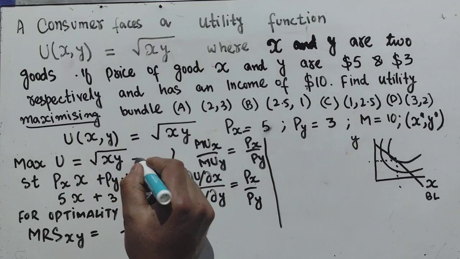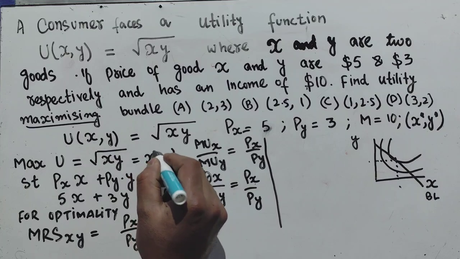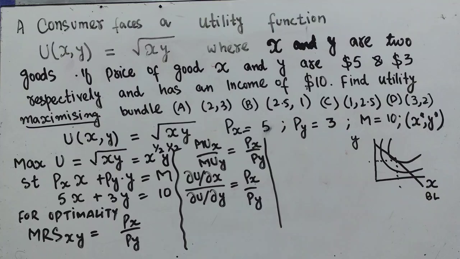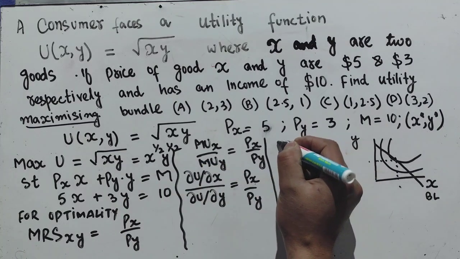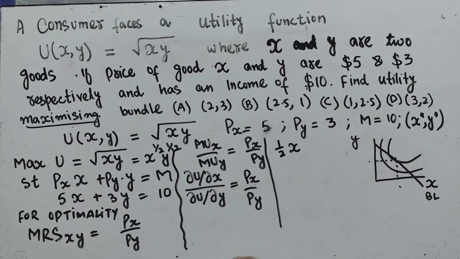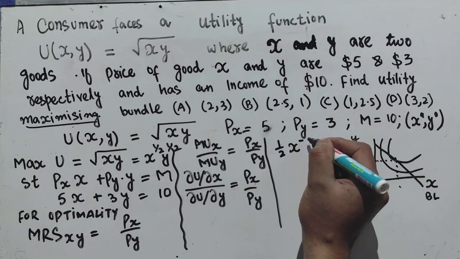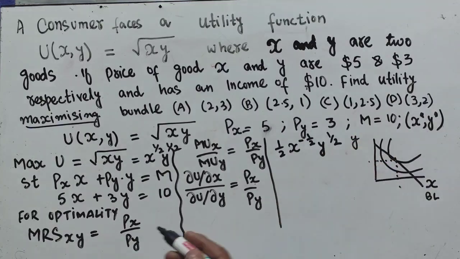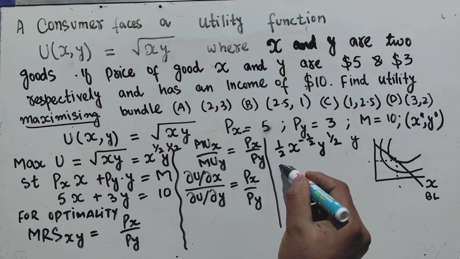Given this utility function, can I write it like this: x raised to the power 1 upon 2 times y raised to the power 1 upon 2. So dU upon dx means the partial derivative of this function with respect to x. The exponent of x becomes the coefficient, so we have 1 upon 2, x raised to the power, the exponent of x gets subtracted by 1, so we get minus 1 upon 2. y raised to the power 1 upon 2 will remain the same because we are taking partials with respect to x.